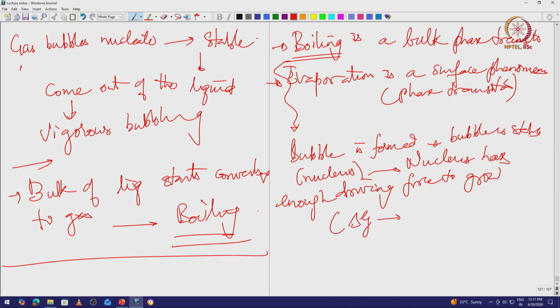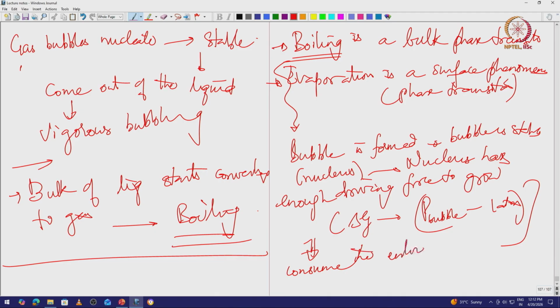Now here it is given as P of the bubble minus 1 atmosphere, right. So that is your delta G, right. So once it has enough driving force to grow, it will grow and then it will consume the entire liquid, right. So boiling is a very vigorous phenomenon, right. So by boiling, the entire liquid just undergoes a phase transition.